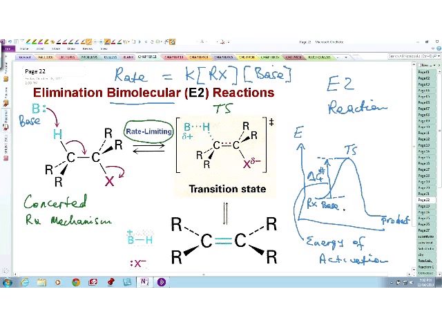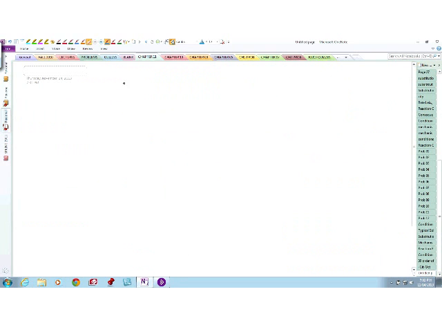Okay, so let us give you a few examples. E2 reaction. I want to show you the peculiarity of this reaction. I want to actually go through the reaction mechanism again. Supposing we have this.